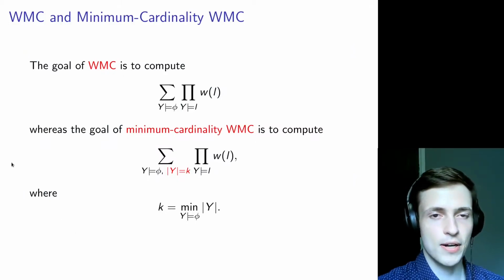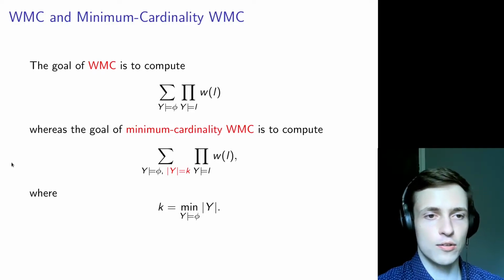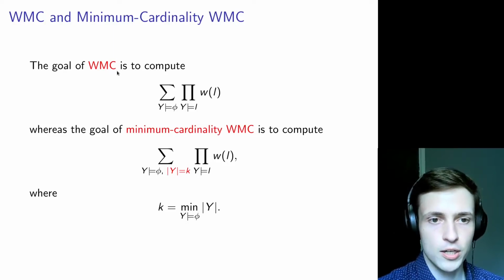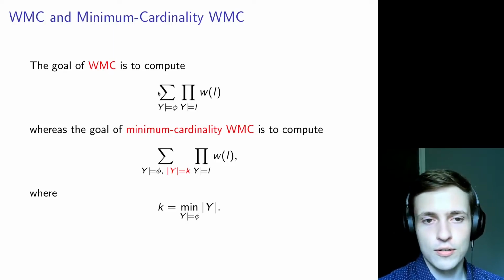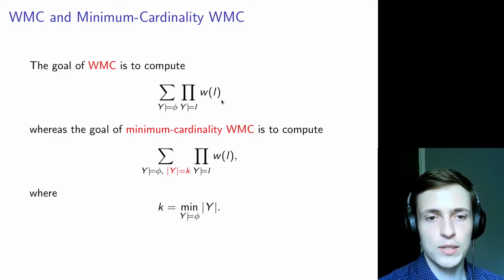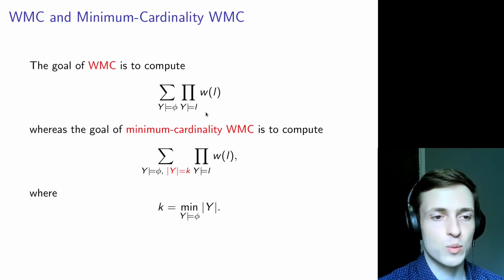And there are actually two variations of weighted model counting. The goal of weighted model counting proper is to add the weights of the models, and the weight of each model is the product of the weights of the literals in it, as we discussed previously.